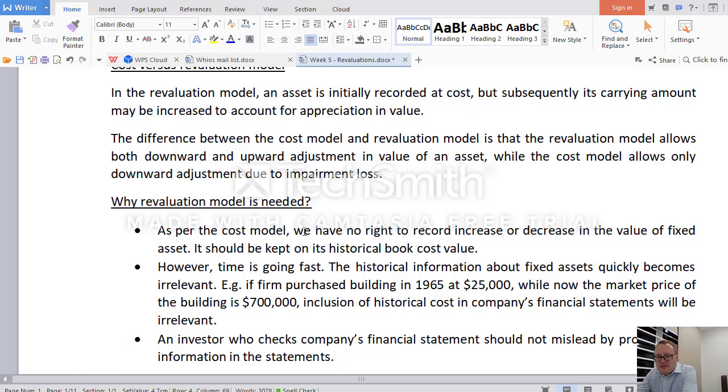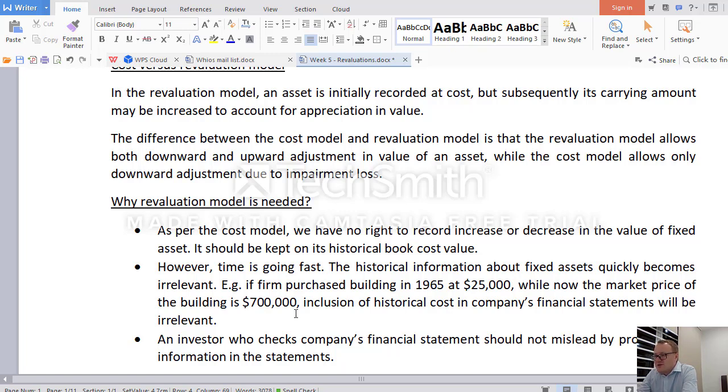The reason why we need to revalue assets upwards is that the historical cost of the asset may not be representative and may be misleading, especially if you purchased the asset many years ago. So the building that was purchased in 1965 at $25,000, of course you can carry it for 50 or 60 years at that value, but the market value now is much higher, 700,000.